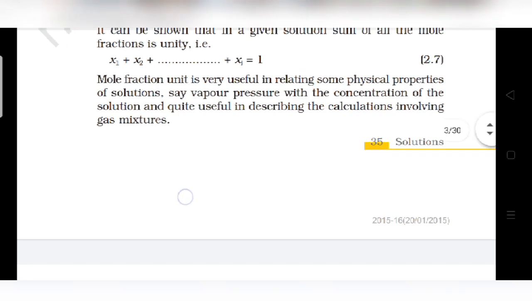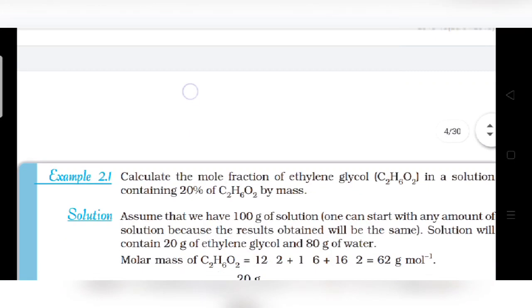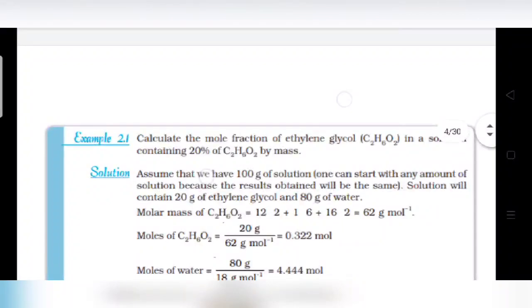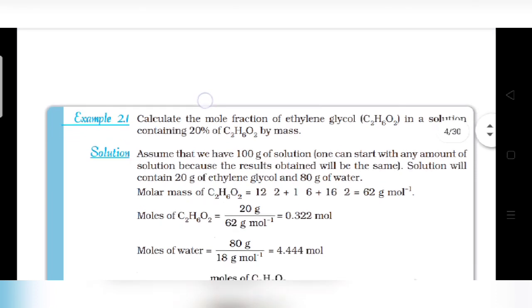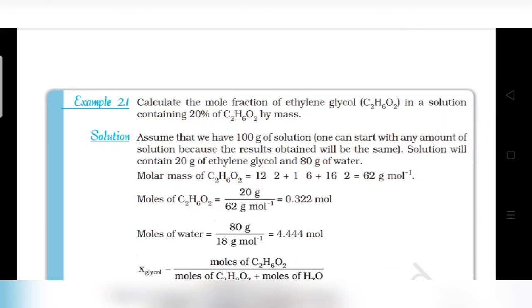According to this, we have one example in your textbook, Example 2.1. Let's solve this. It's a very simple example. Calculate the mole fraction of ethylene glycol, C2H6O2, in a solution containing 20% of C2H6O2 by mass.